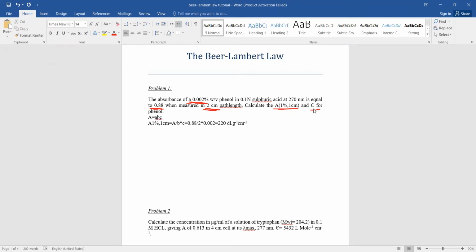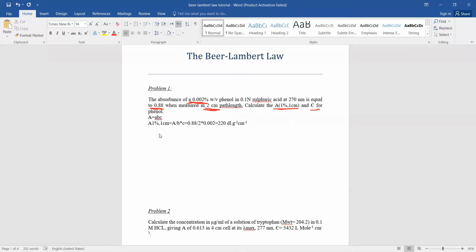The second requirement is the epsilon or the molar absorptivity. In order to get the molar absorptivity, the concentration must be in mole per liter or molar concentration. It's much easier to convert the A1% 1 centimeter to molar absorptivity than to convert the concentration in gram percent to mole per liter.